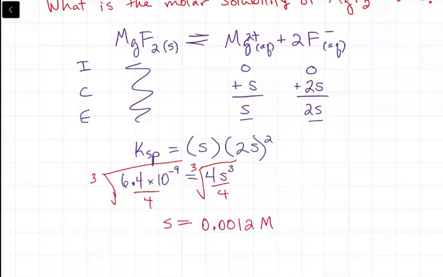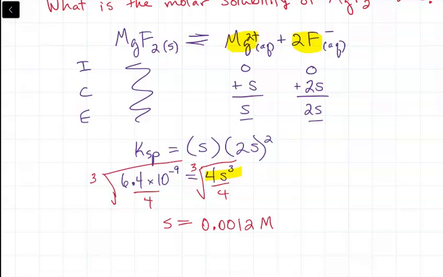Now, one thing I want you to notice is our Ksp being equal to 4S cubed. We can figure that out with an ICE box every time, but notice it would really have to be the same. That 4S cubed is going to be the same anytime I have 3 ions that a dissolving process creates.